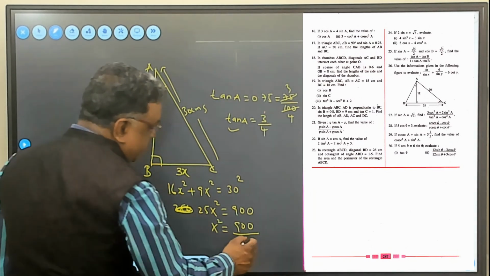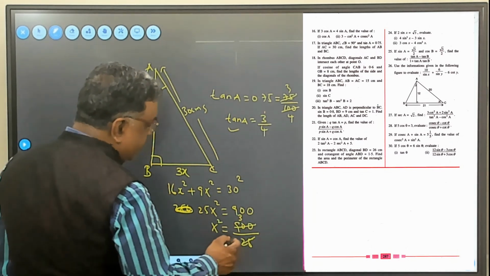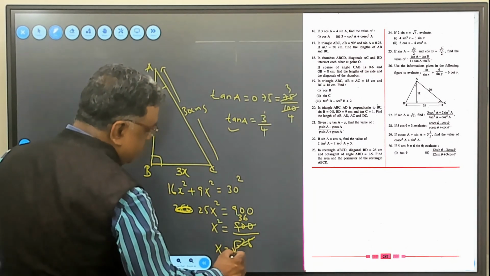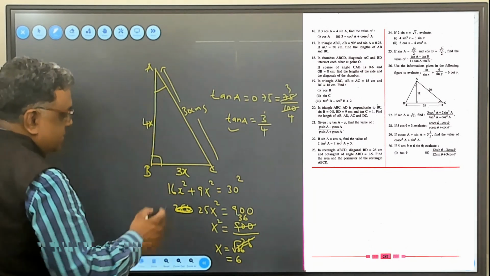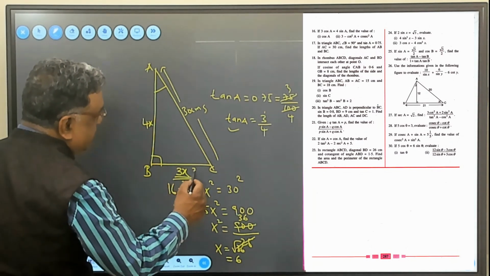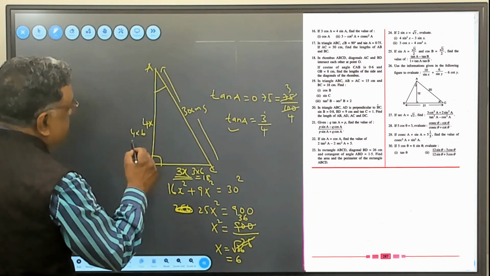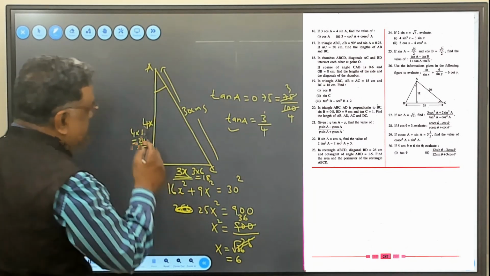So this will be 36. So x square is 36, which means x is square root of 36, which is 6. So x came out to be 6. So this would be 3 into 6, which is 18, and this will be 4 into 6, which will be 24. So sides BC and AB are 18 and 24.